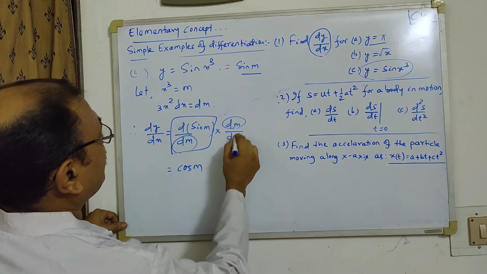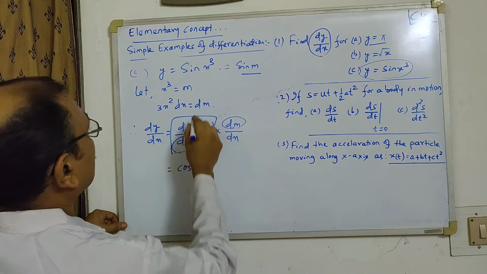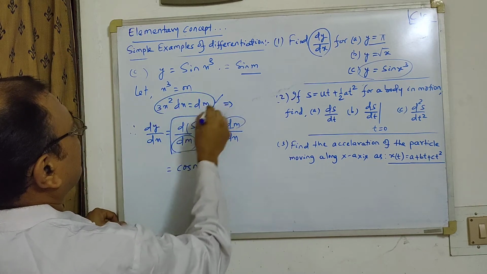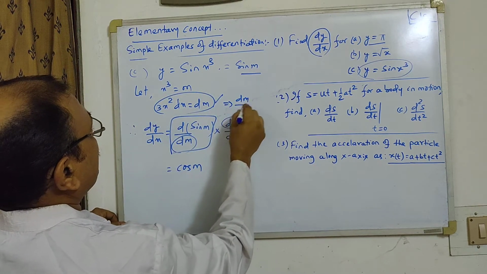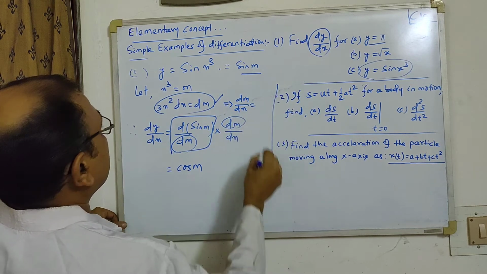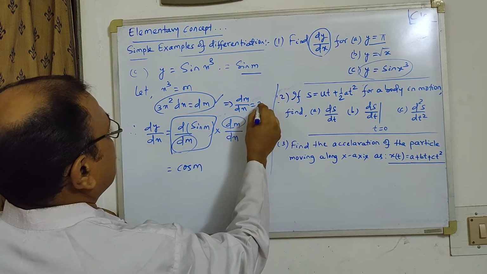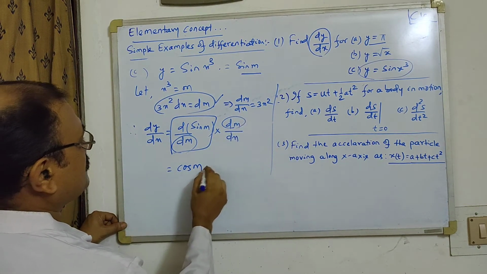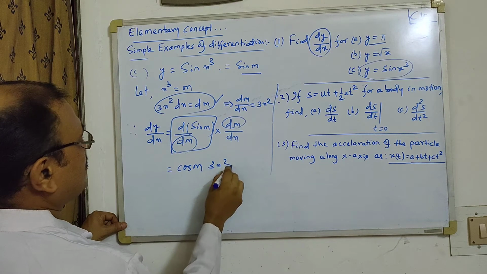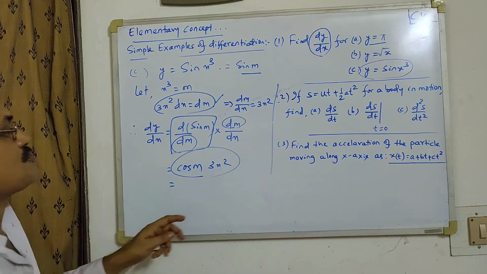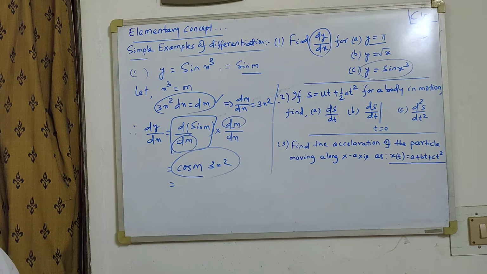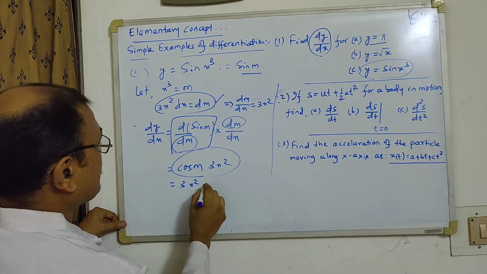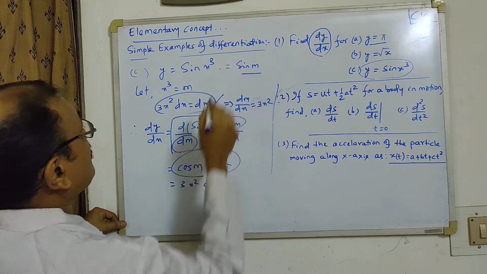And dm by dx is 3x square. So we substitute 3x square, and the answer is 3x square cosine of x cube, since m is x cube.